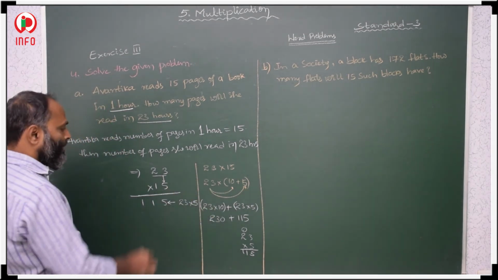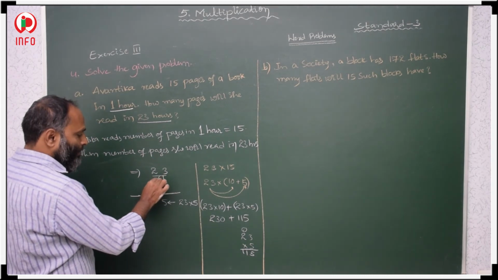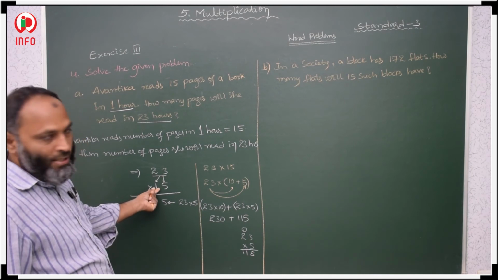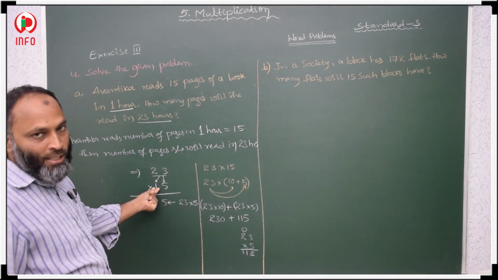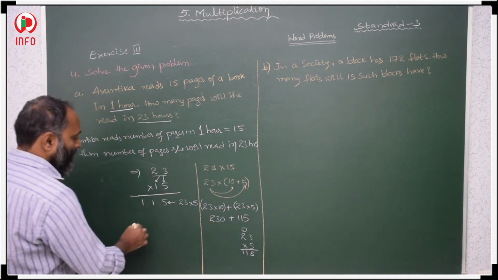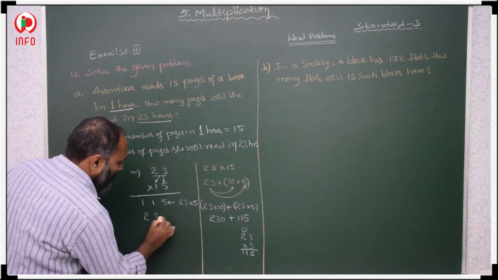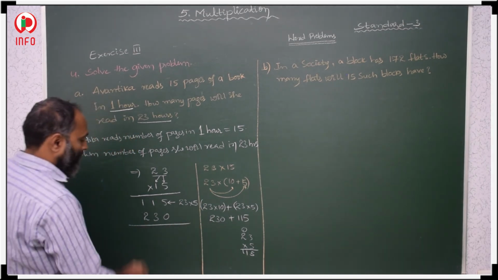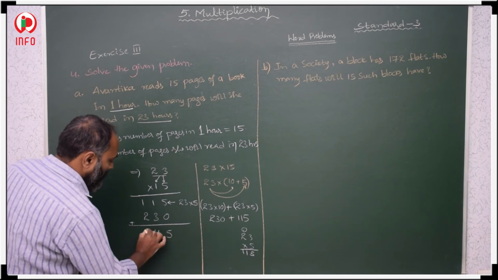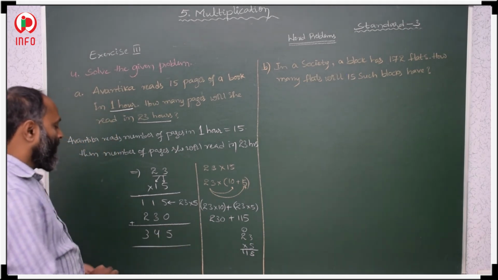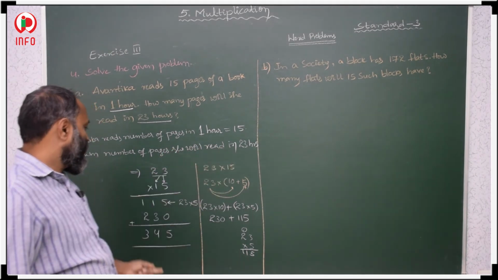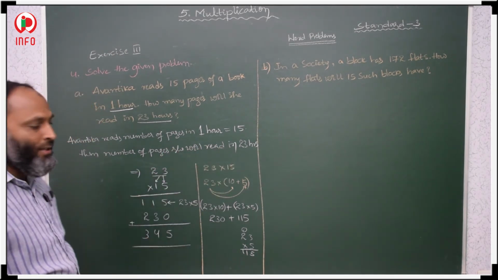The next, 23 with 1, which is in the tens place, so that is 10. 23 with 10 is 230. Now add: 5, 4, 3. 345 pages. So in 23 hours she will read 345 pages.